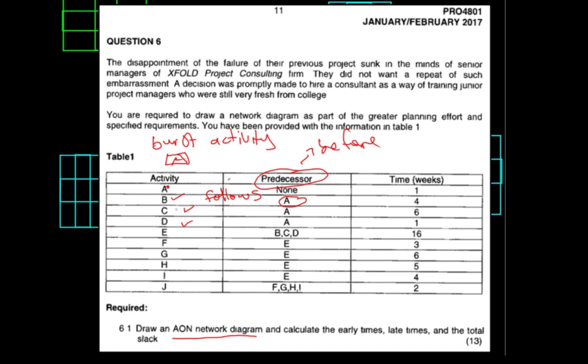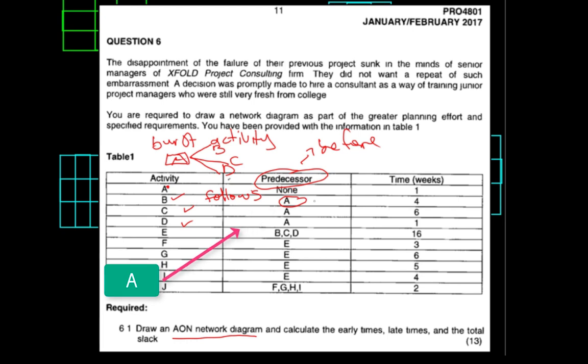And then activity B follows A. Therefore, we go to activity B there. And activity C also follows A, so we have another activity bursting out of activity A. And activity D also follows activity A. Then we will have something like this, as you can see. Here we are saying that A is a burst activity, meaning after we are finished with activity A, there are multiple activities that will be done all at the same time after that.